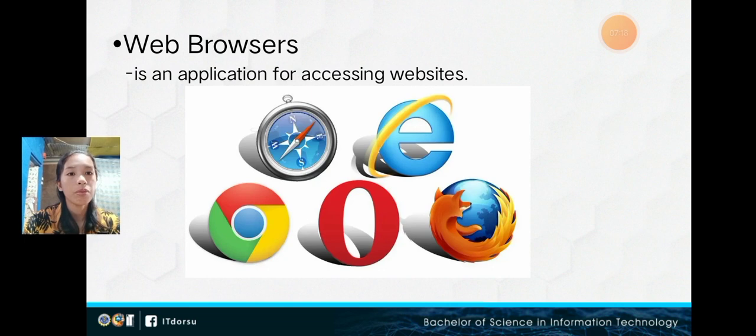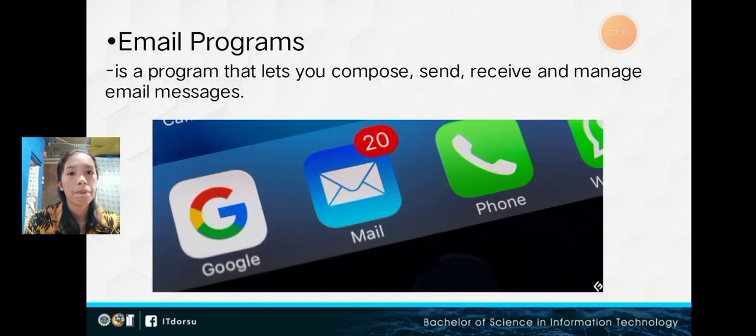So next, email programs. An email program is a program that lets you compose, send, receive, and manage email messages. Examples of these are the Gmail application, Messenger, or Messages.